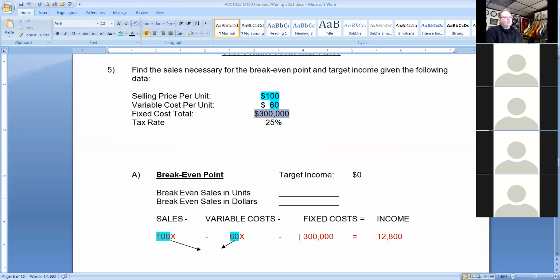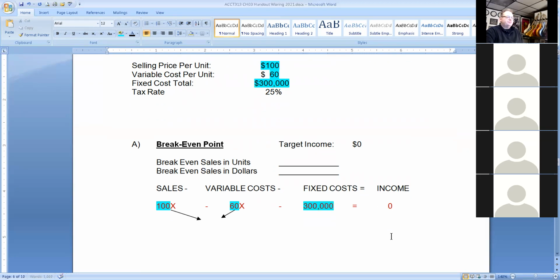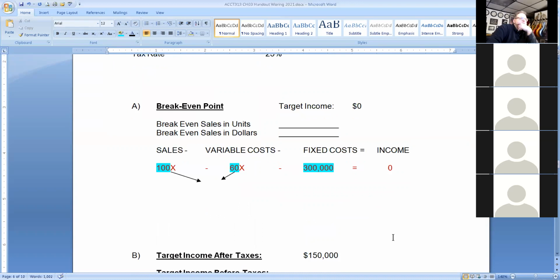And at break even, our income is 0. So this is exactly like we did before.